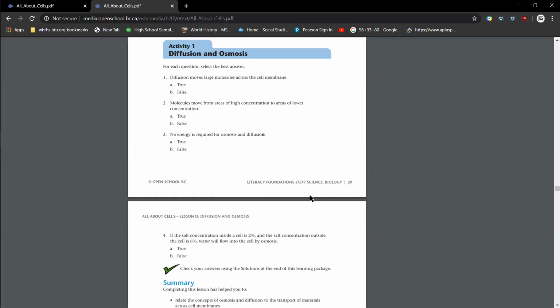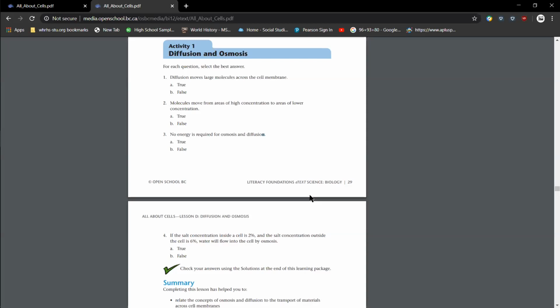So water is actually going to move to the outside of the cell, based on the concentrations. If it was asking where the salt is going to move, the salt would move into the cell, because the salt concentration is higher on the outside than on the inside.